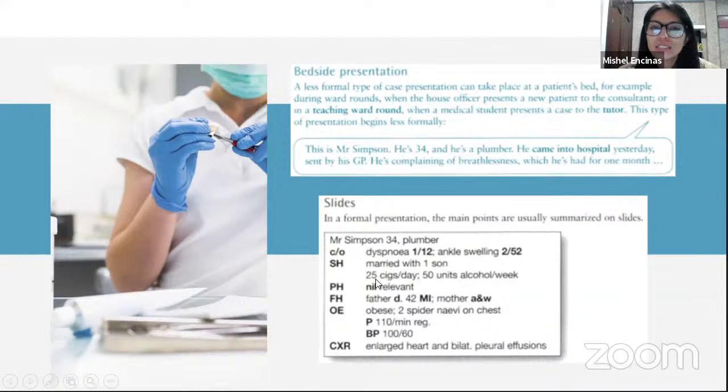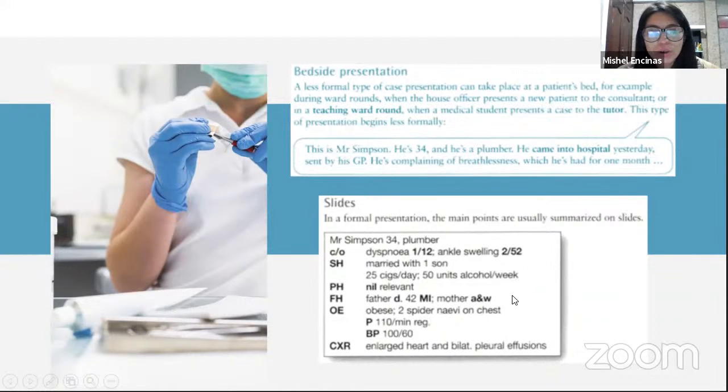With 1 son, 25 cigarettes per day, 50 units of alcohol per week, okay? Nil relevant, okay? Then we have a family history, father, 42 MI, mother, A and W.